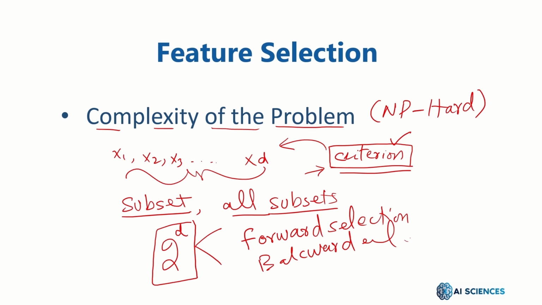There are some workarounds, some approximations that work very well in certain real situations, but in general, mathematically, the problem is really complicated. So this is not a simple problem to select the features.